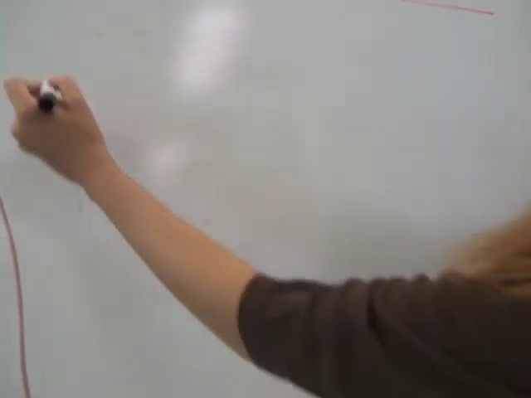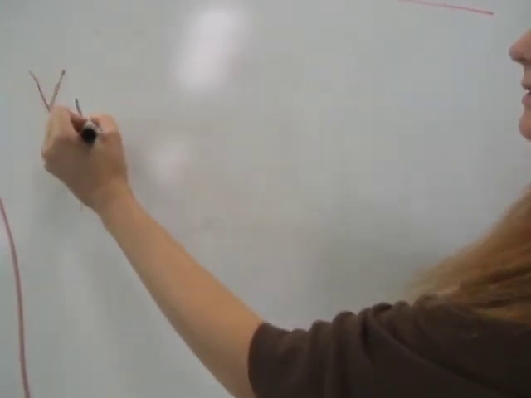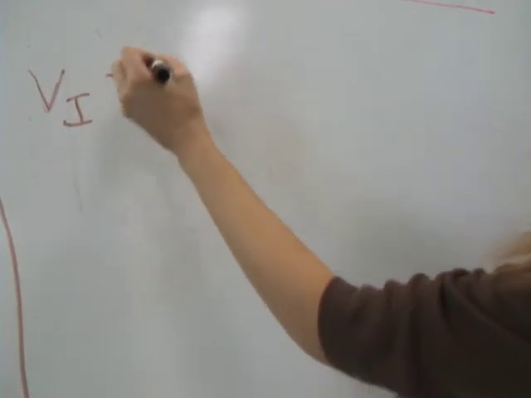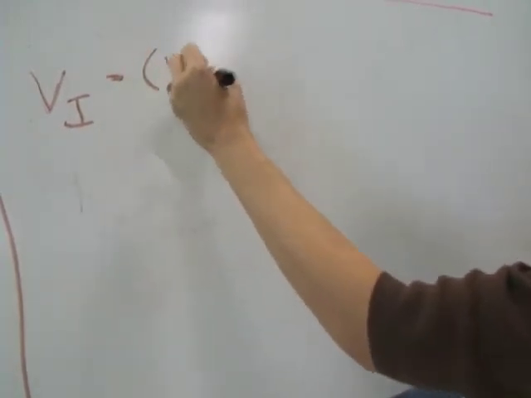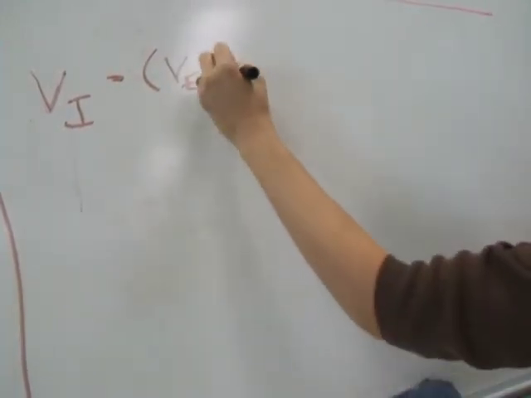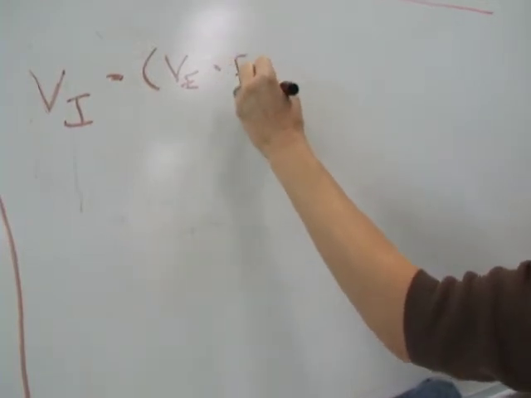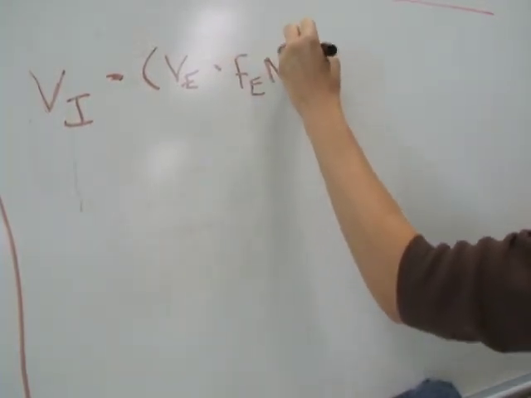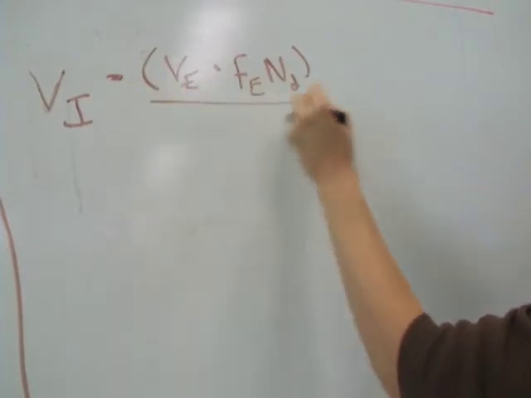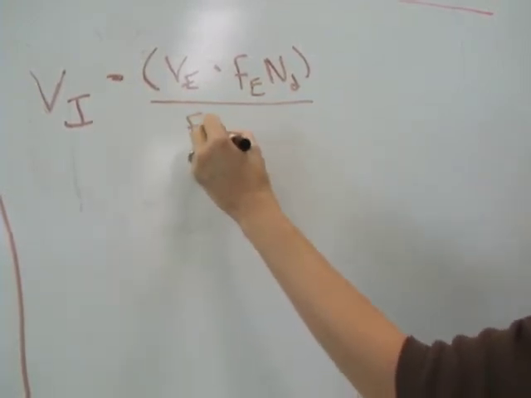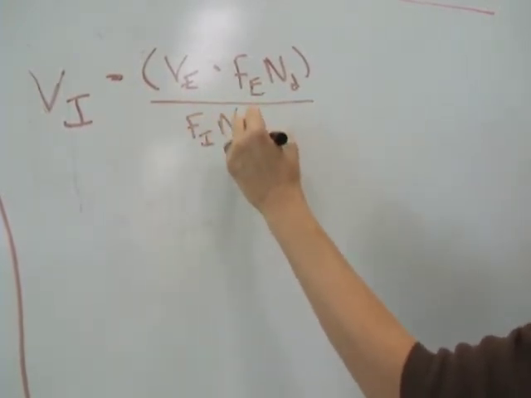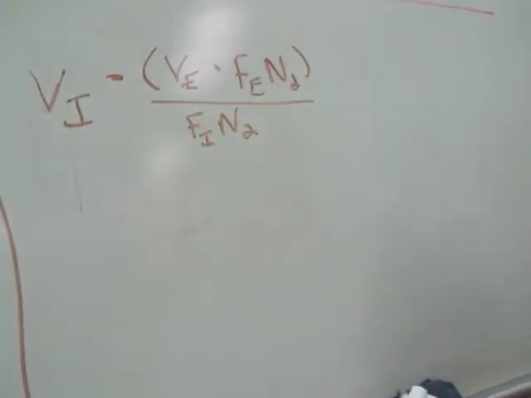Okay, so using the Haldane, the volume of inspired air equals the volume of expired times the fraction of that air that was nitrogen, divided by the fraction inspired that was nitrogen, which is a given, a standard number.